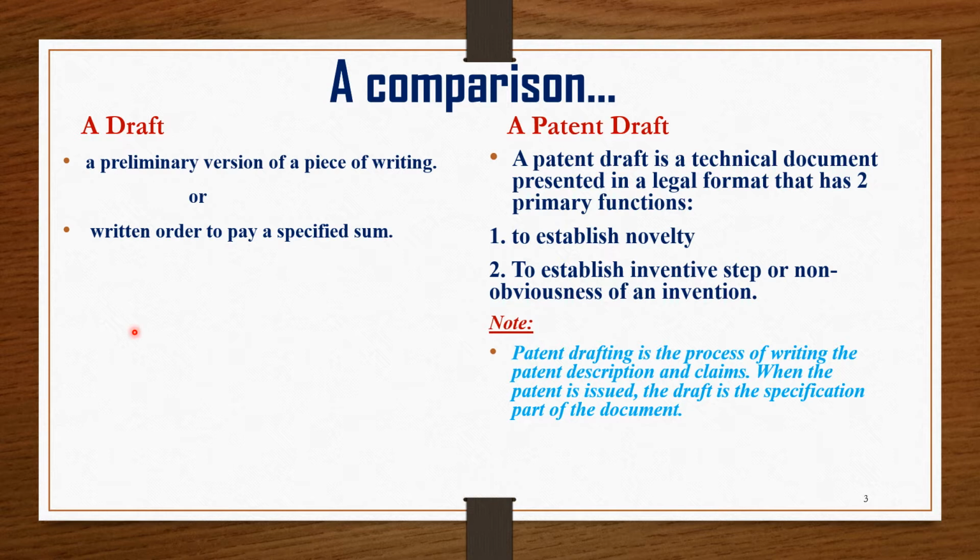So, whenever you try to understand the meaning of this statement that I have written in the note part, then your confusions will be clarified. So, just remember, patent drafting is the process of writing the patent description and claims. And when the patent is issued, the draft is the specification part of the document. Fine. So the comparison has been done. Let us proceed.